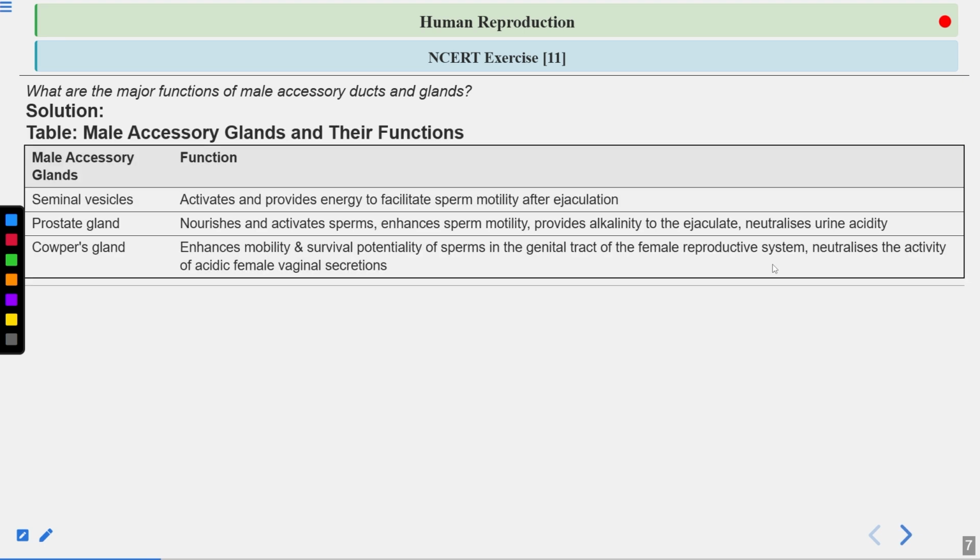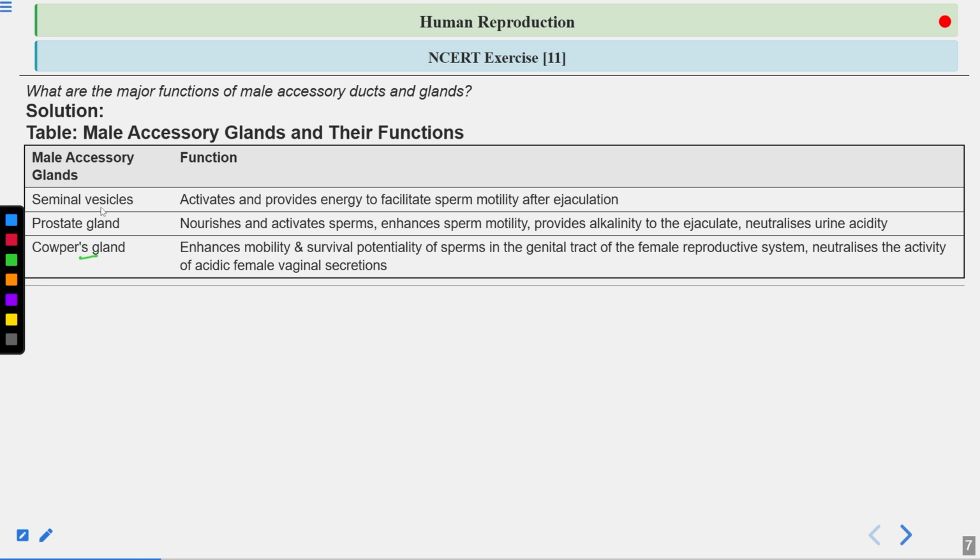Let's understand the male accessory glands now. There are three male accessory glands: the seminal vesicle, the prostate gland, and Cowper's gland. So what is the role of the seminal vesicles? Basically the secretion of the seminal vesicles contains fructose, which provides nourishment to the sperms.